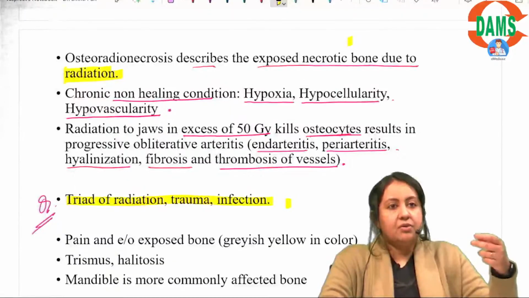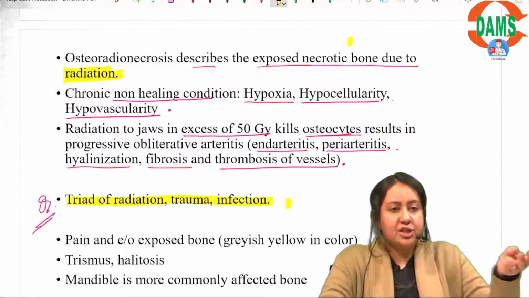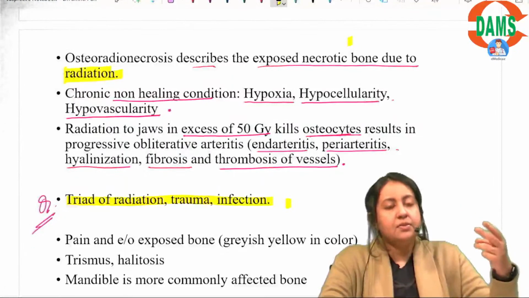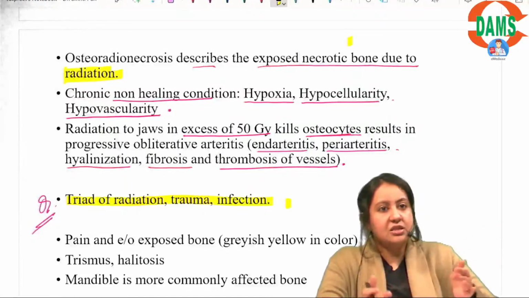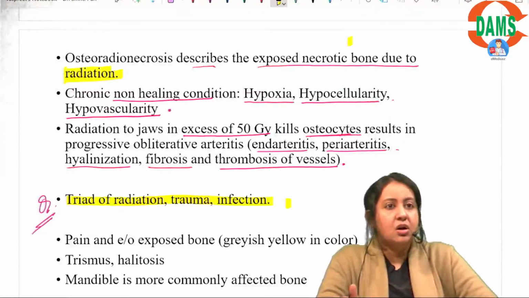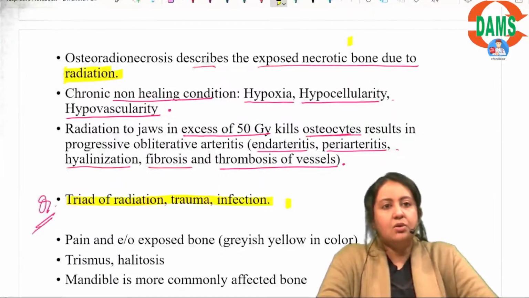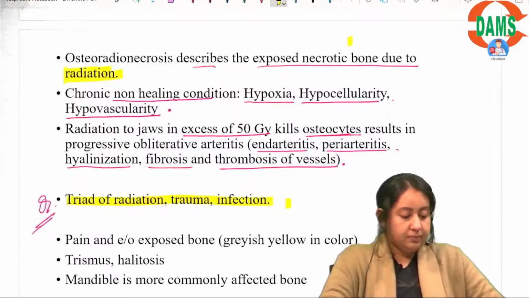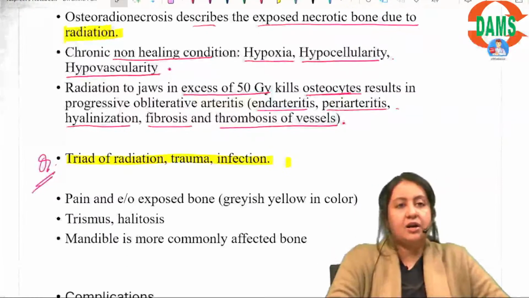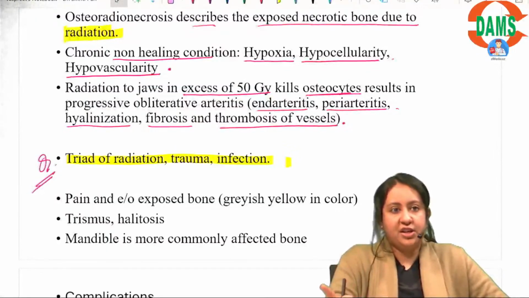If radiation is present and the patient undergoes some trauma, followed by infection to that region, these three things give rise to osteoradionecrosis. Although this concept has become older, there are a few questions. So this is your sequence: radiation, trauma, infection.